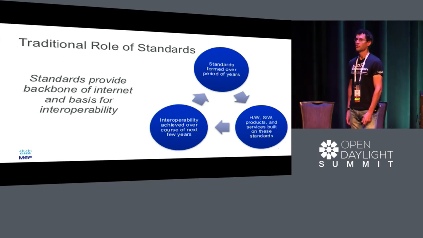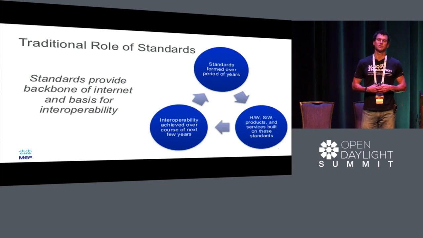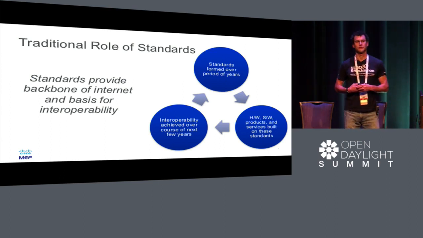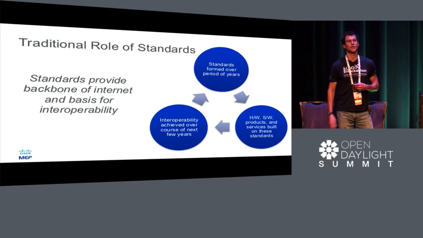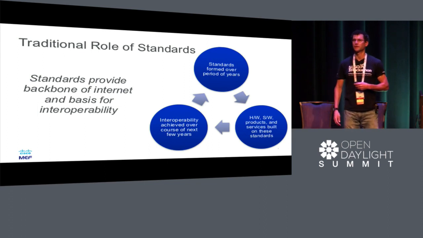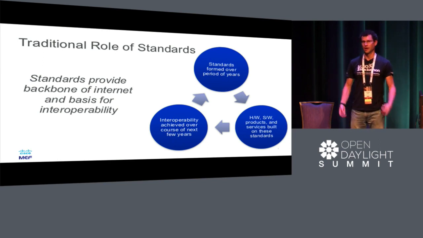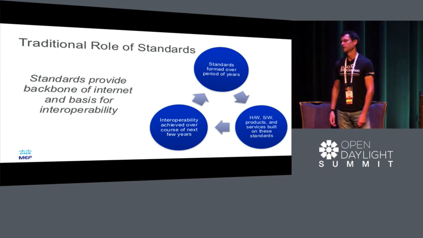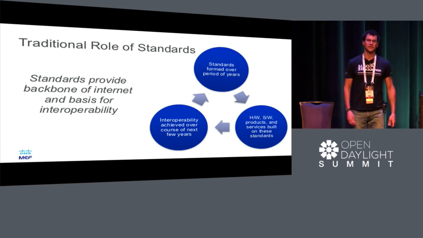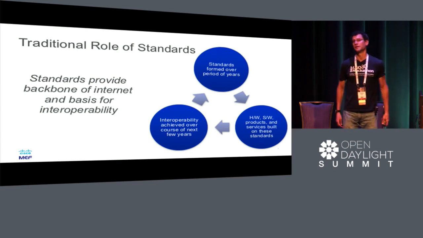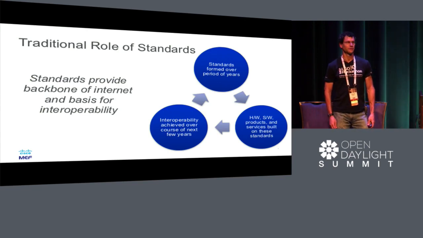And the way it works is these standards get formed, and it could take a couple years from the time you start working on something to the time you actually have a standard. And then, traditionally vendors will go off and implement it, build hardware and software that conforms to those standards. And then they get put into service, and it actually takes a couple more years for interoperability to really be achieved.